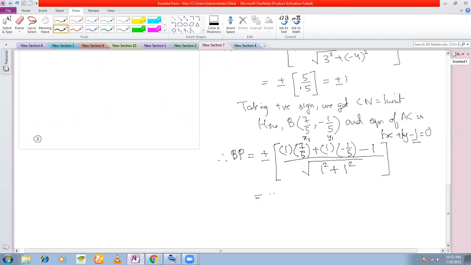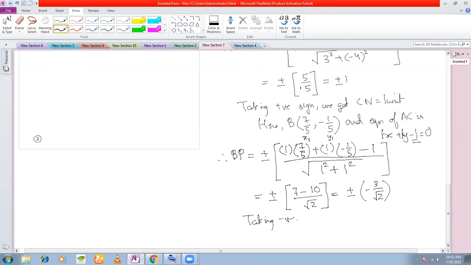This you get as plus or minus (7 minus 1 over 5... ) 7 minus 10 by root 2, which is equal to plus or minus minus 3 by root 2. We should take the negative sign to make it positive, right?